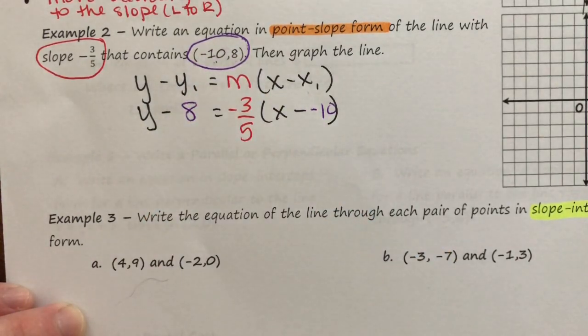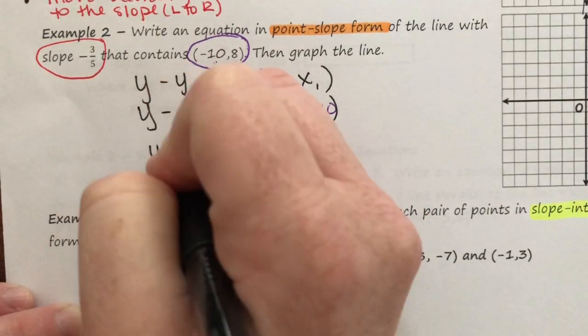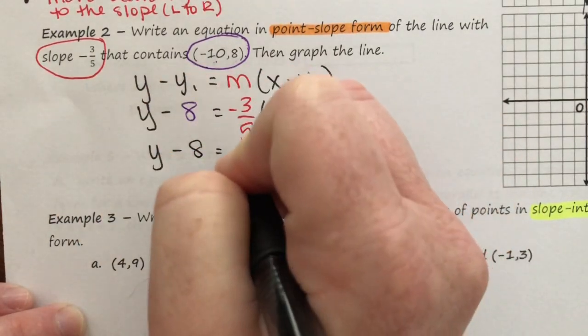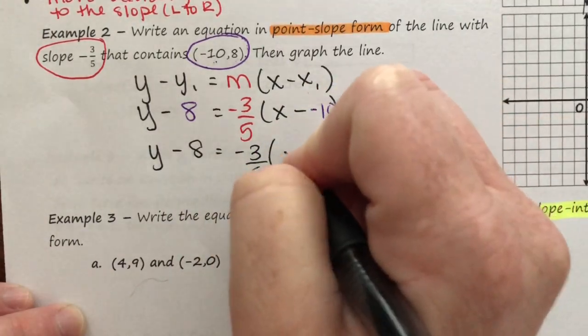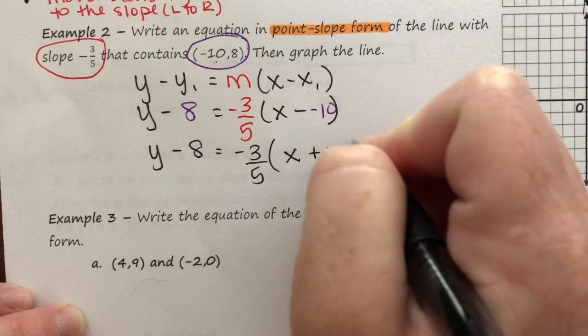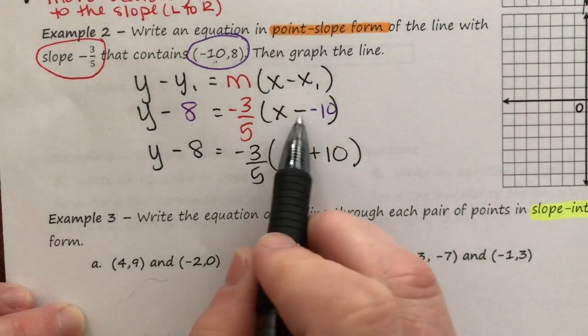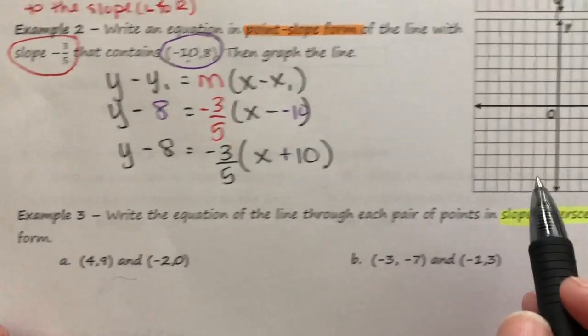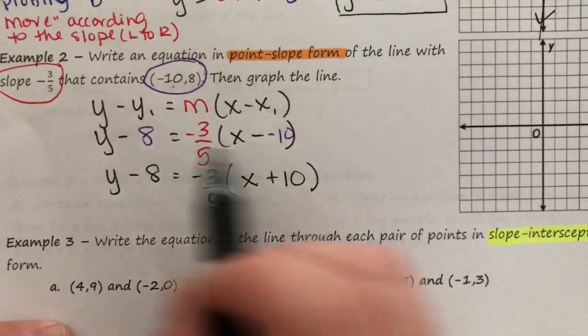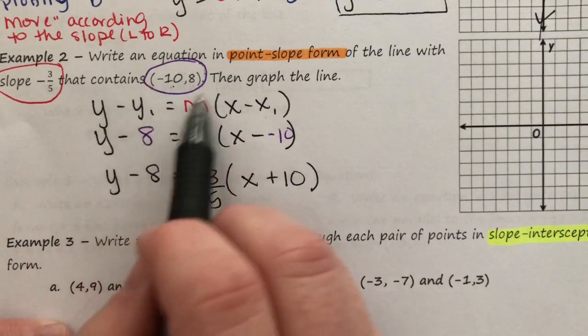So now all we have to do is simplify. y minus 8 equals -3 over 5, parentheses, x plus 10. Right? Because we had minus and negative, so we replaced it with our plus sign. So now, to graph that, all we're going to do is start with our point.